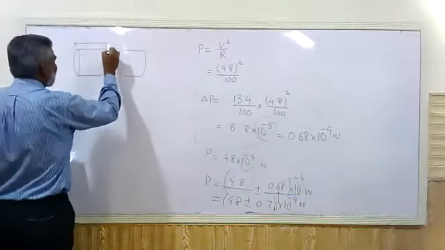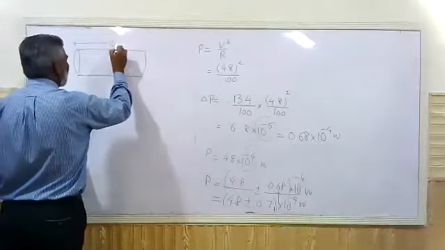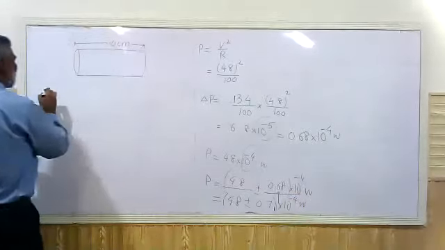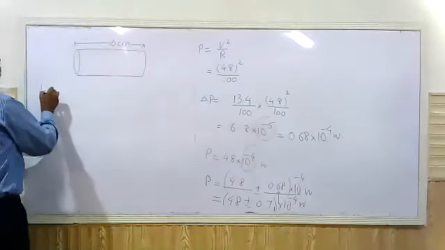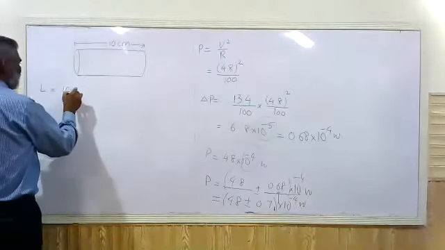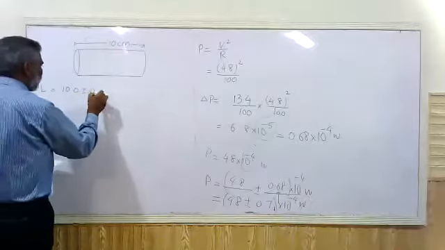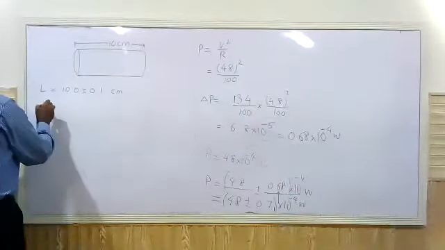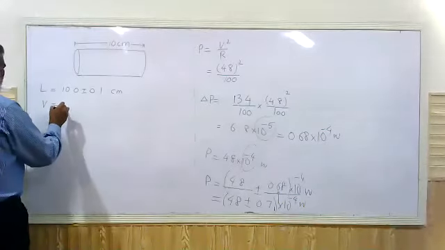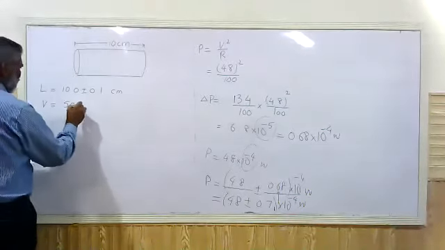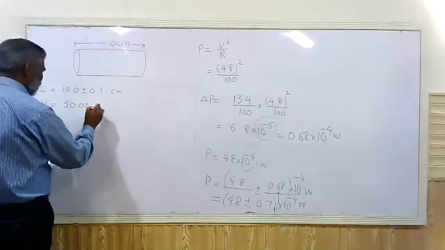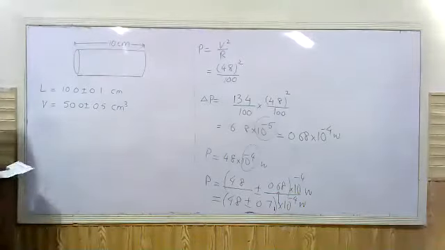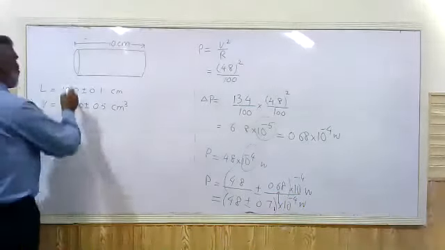The length is given to be 10 centimeters. So if length is known to be 10 plus minus 0.1 centimeter, and its volume is also given, and that is 50 plus minus 0.5 centimeter cube.